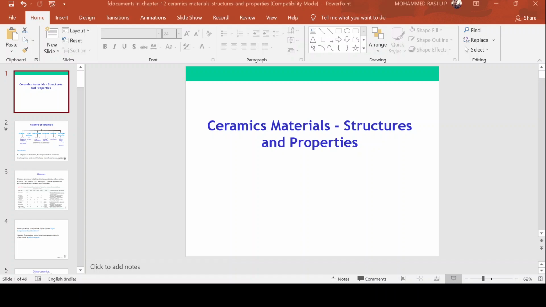If you want to analyze the ionic character present in silicon carbide, it is 11.5 percent, which you can calculate using this formula. So there is 89 percent covalent bonding present there.